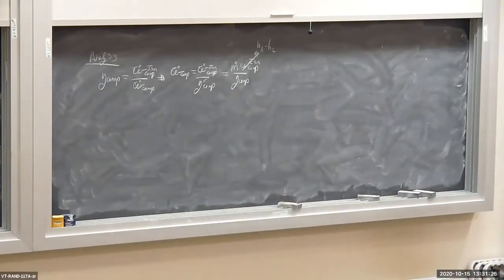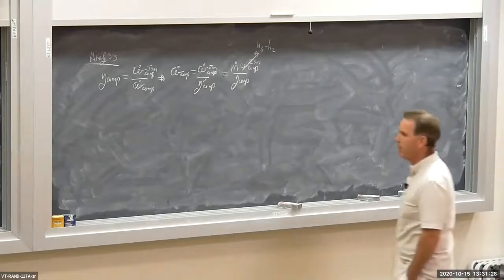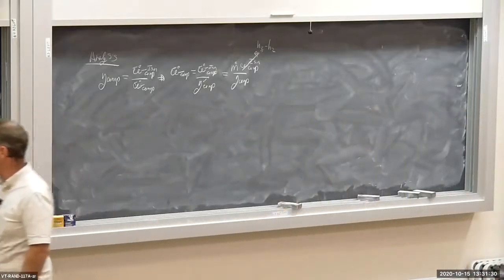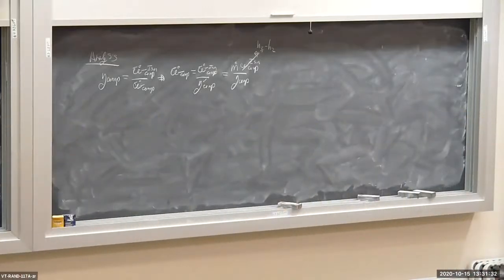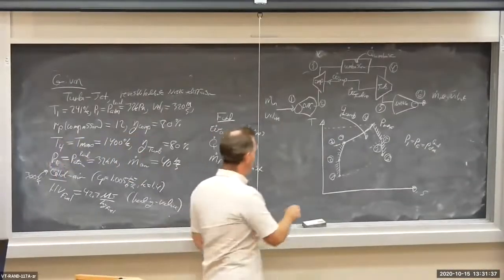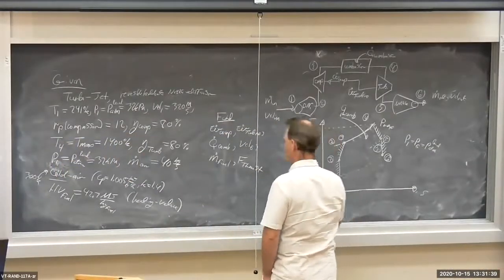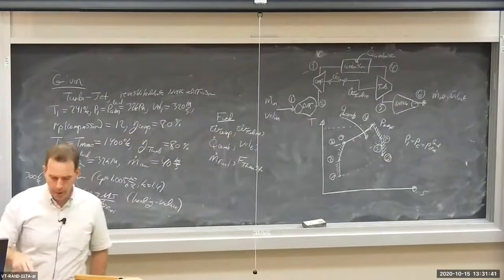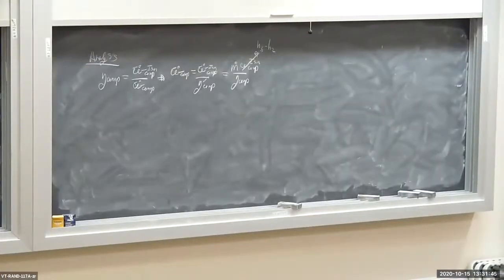Let's see if we can get H2, and then we'll worry about H3. Let's look at the process 1 to 2. That's the reversible adiabatic, therefore isentropic compression in the diffuser.